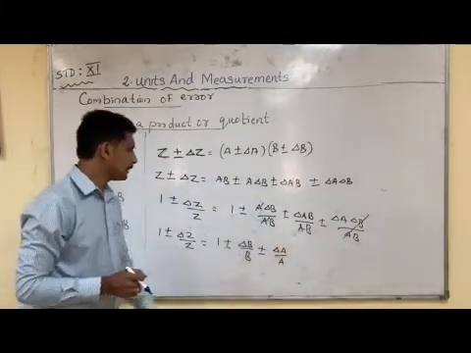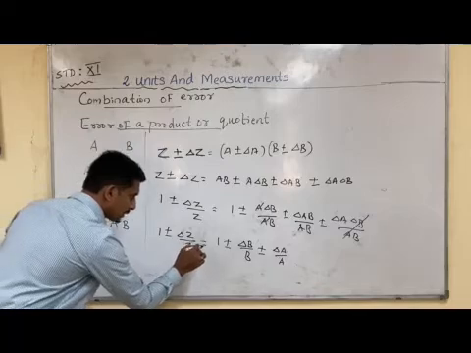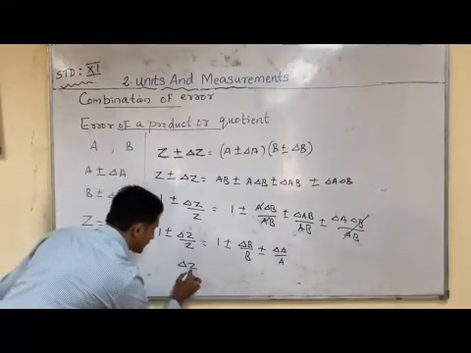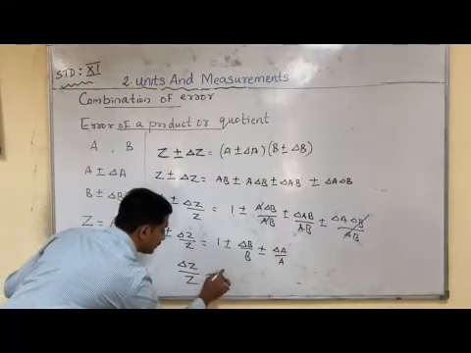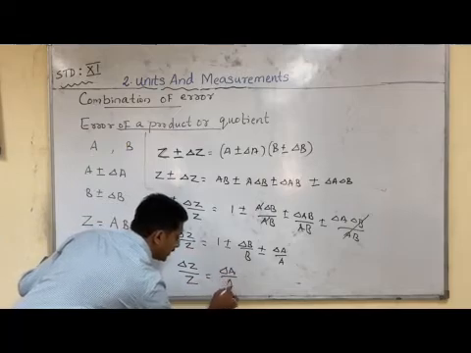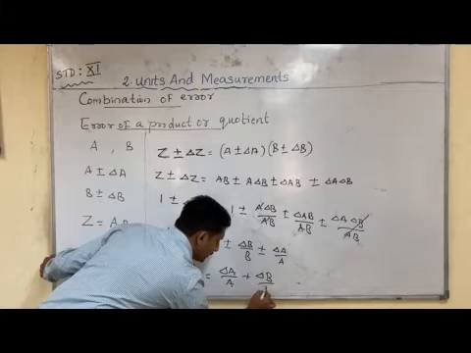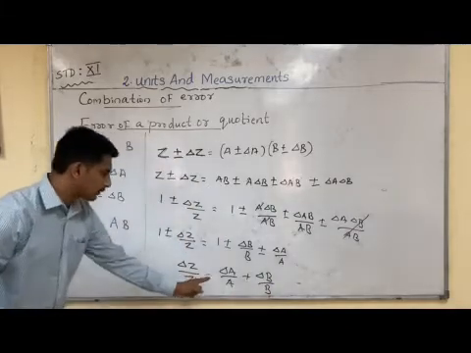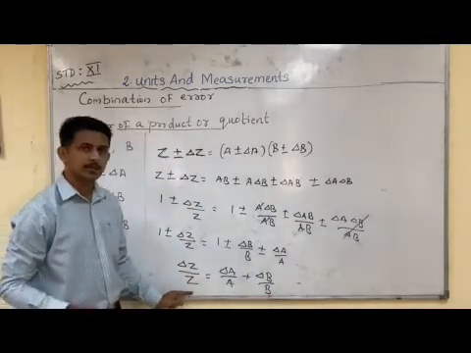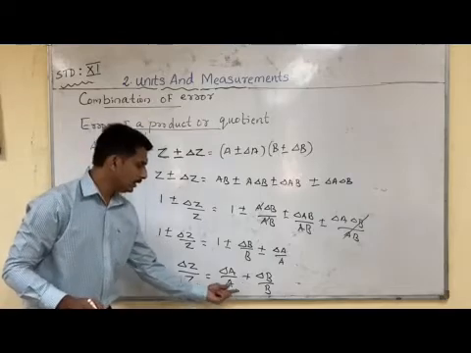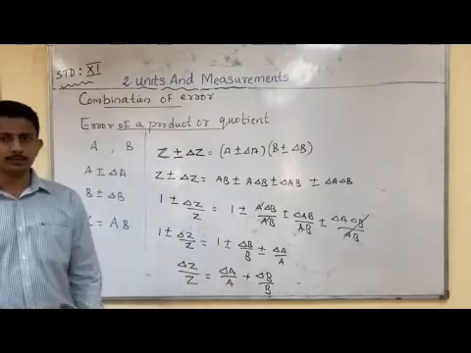So from this equation we can write delta Z by Z is equal to delta A by A plus delta B by B. We are concerned with the maximum error only. So delta Z by Z is equal to delta A by A plus delta B by B.